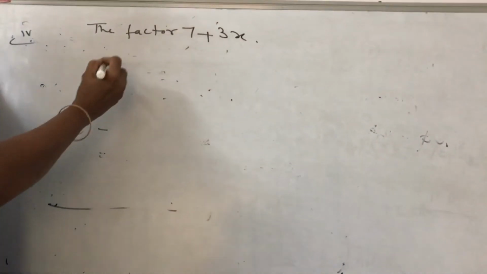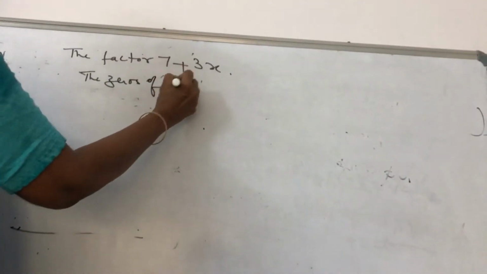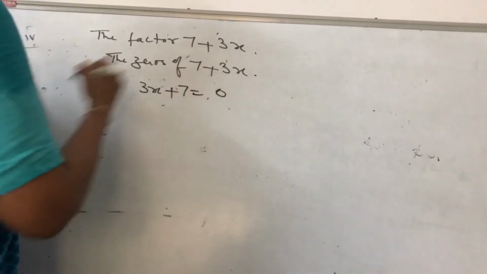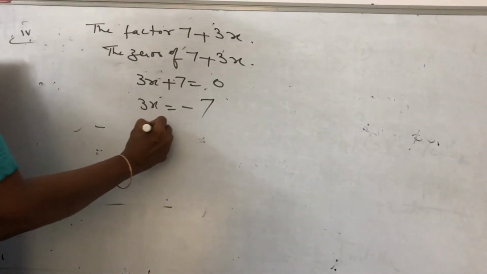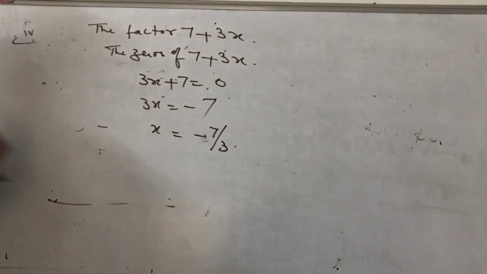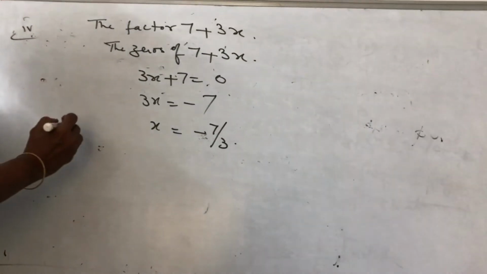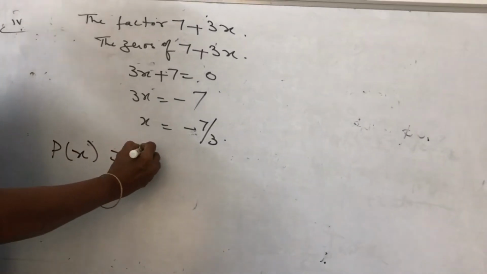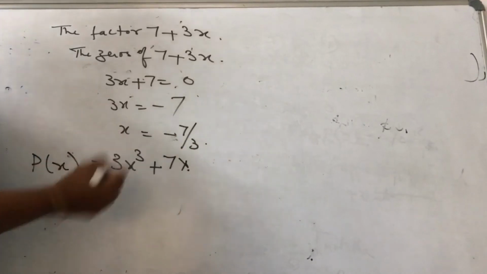As usual, girls, find the zeros of 7 plus 3x. 3x plus 7 is equal to 0. 3x is equal to minus 7 and x is equal to minus 7 by 3. If it is a factor, children, your value will be equal to 0. And what is the given polynomial, girls? P of x is equal to 3x cube plus 7x.